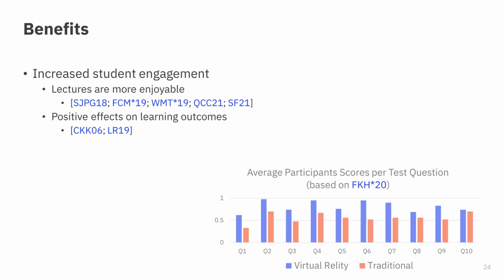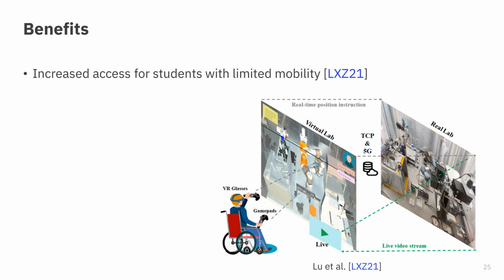Several studies showed that mixed reality solutions have the potential to make lectures more enjoyable, which in turn may have positive effects on the overall learning outcomes and interest in the study subject. One study also focused on students with limited mobility, allowing them to perform laboratory experiments by remotely controlling a specialized robot.